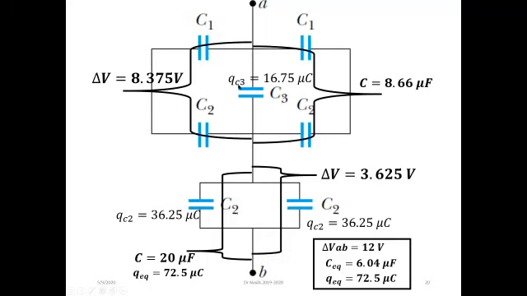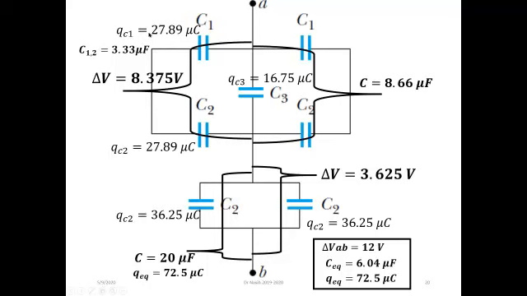As you know, C3 was 2 microfarad. For those sides, C1 and C2 were in a series combination. The result was 3.33, and the charge on each of them comes from the resulting capacitance of both and the potential difference.